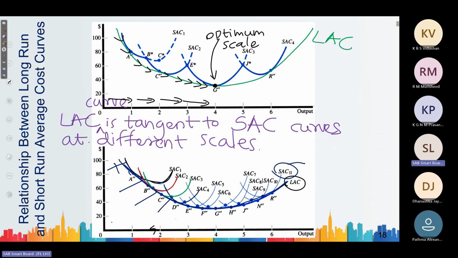When the firm expands its output beyond the optimum scale, what happens is that long run average cost starts to increase.